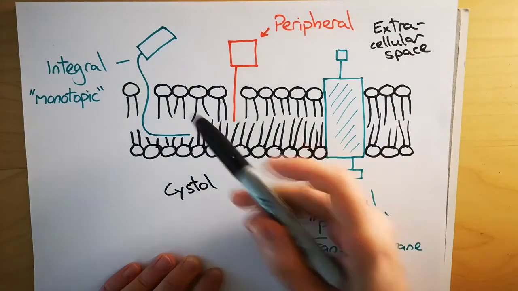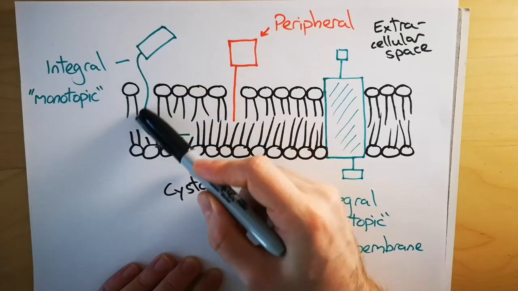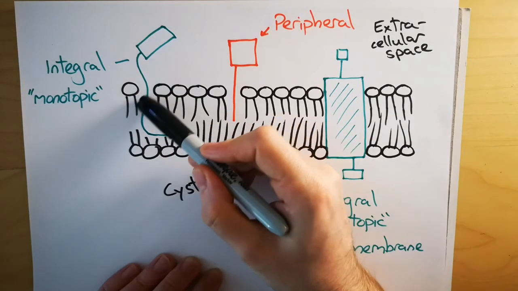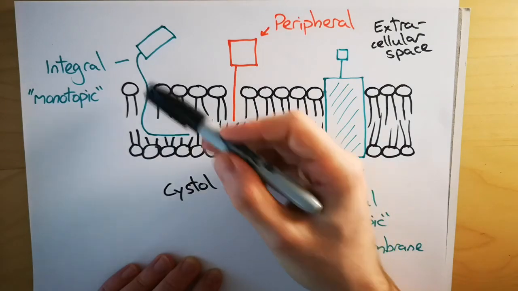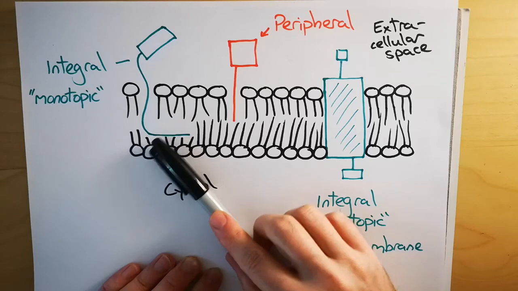Now, what I've done in this diagram is I've shown you that the anchor point between the bilayer is quite large. So that's going to help stabilize it and force it to stay in this position.